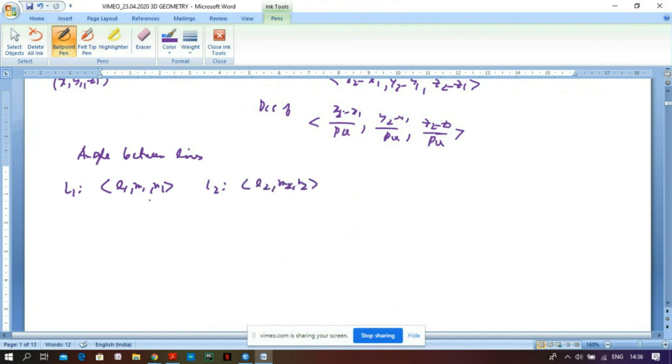Then the angle theta between these two lines is given by cos theta equals L1 L2 plus M1 M2 plus N1 N2. Those who have done vectors can quickly relate that this is the way we define the dot product.